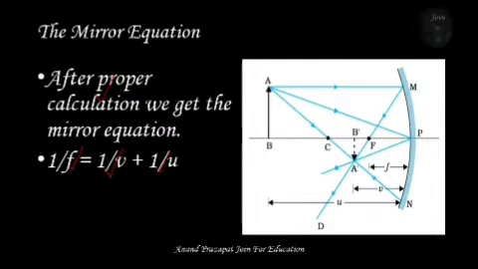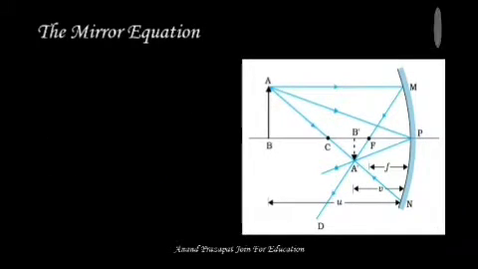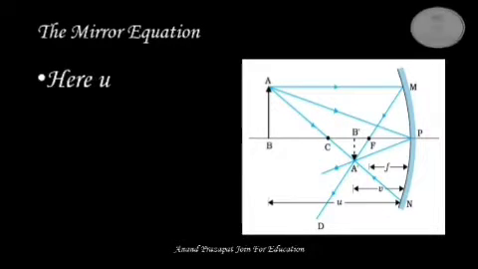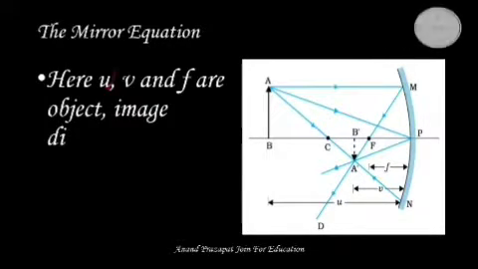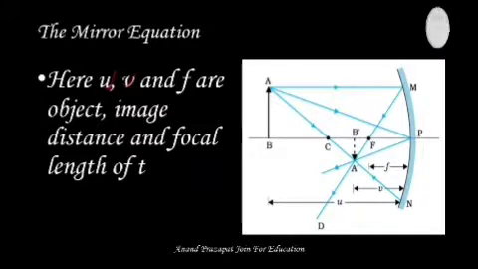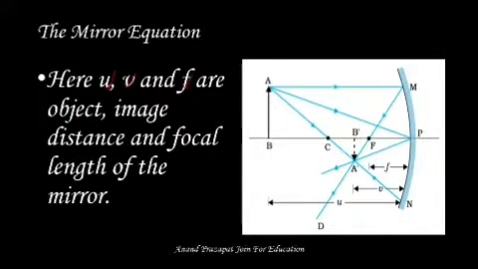If you want the details of this derivation, then visit my blog anandprajapati.blogspot.com. Here, the detailed derivation of the mirror equation or mirror formula is available. Here u, v and f are the object distance, image distance, and focal length of the mirror.